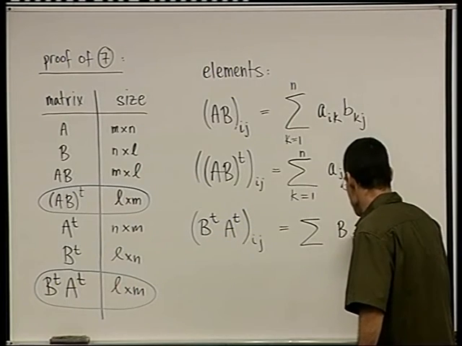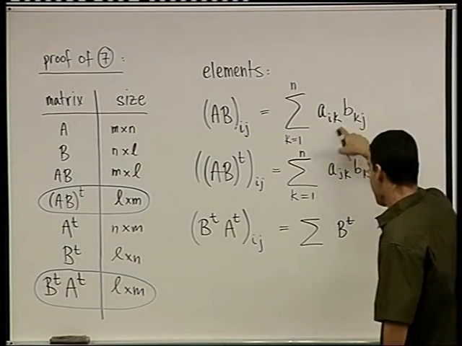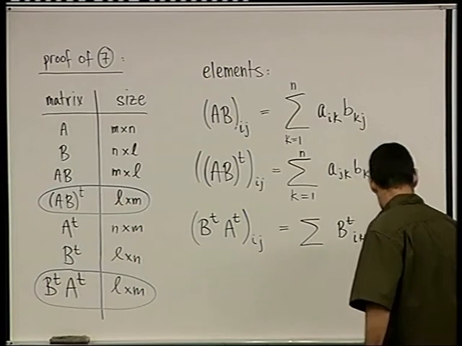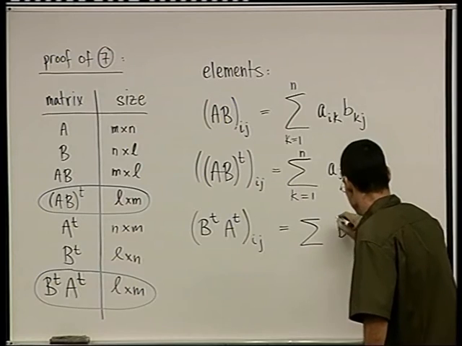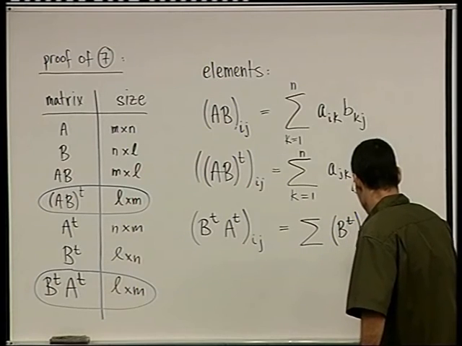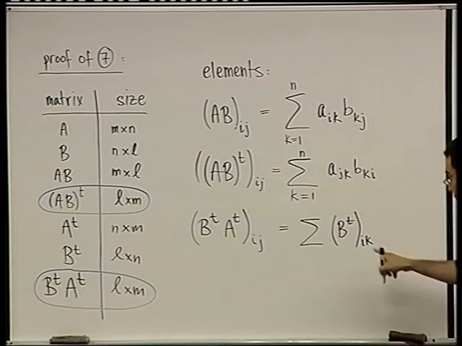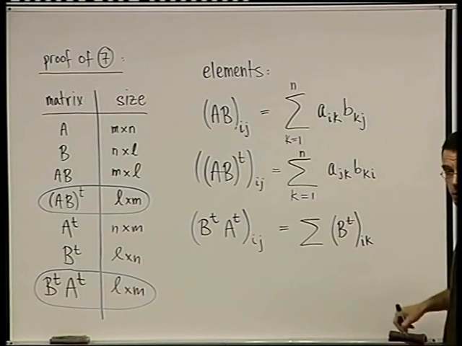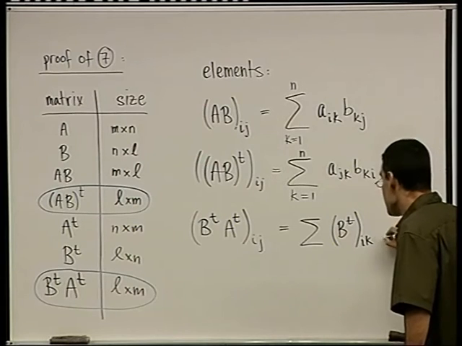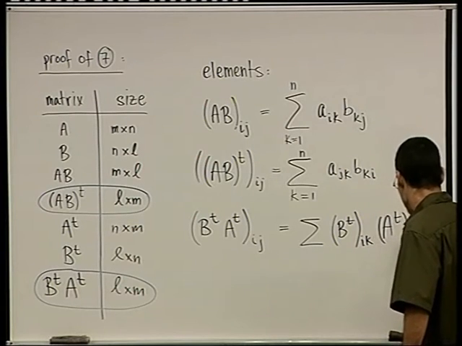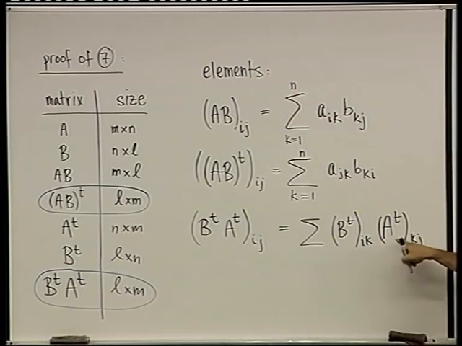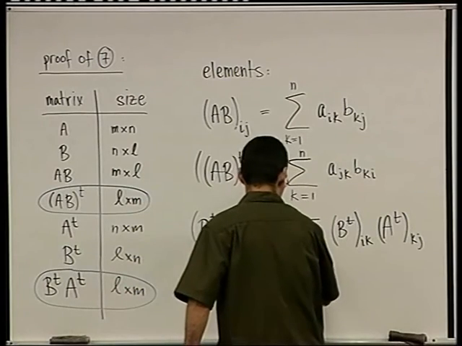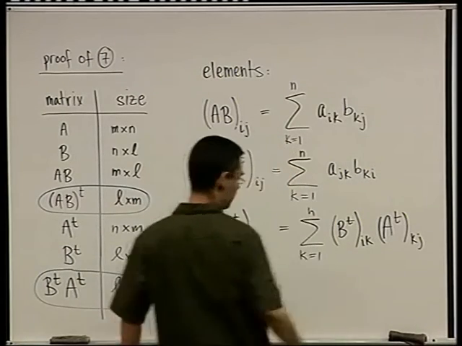So it's B transpose, the ikth element, right? These are precisely the elements in the ith row of B transpose times A transpose kj. These are the elements in the jth column of A transpose, right? And then the sum runs from 1 to n.